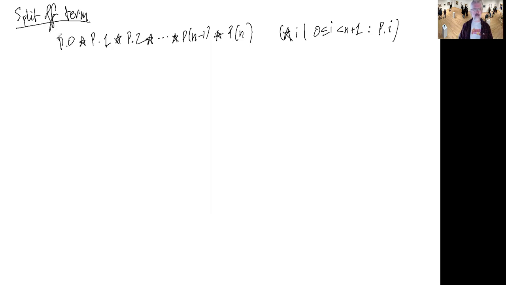Part A is to split off a term from the end, and part B is to split off a term from the front.